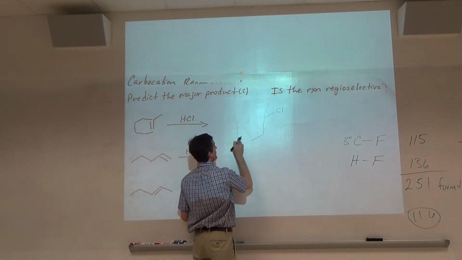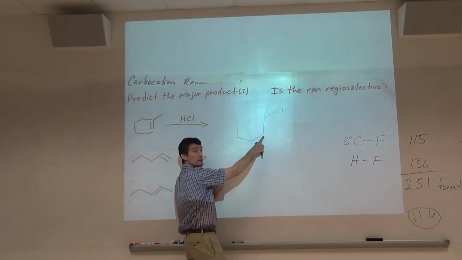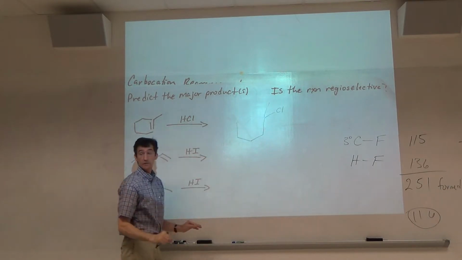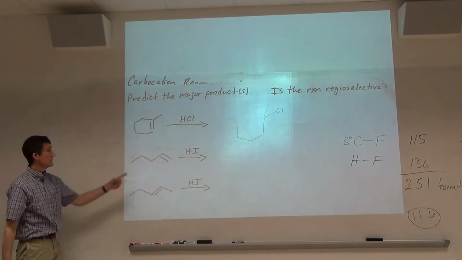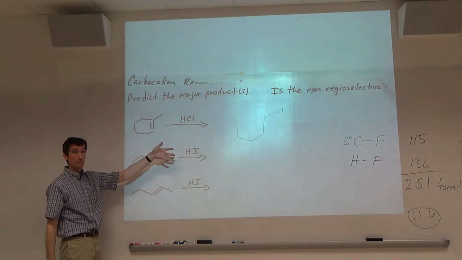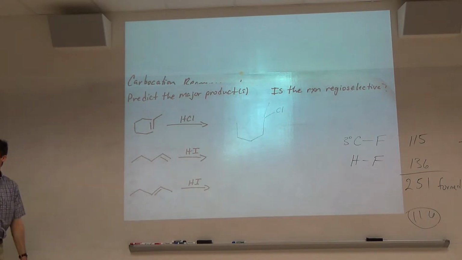It's hard to draw a perfect hexagon. How many H's are there? We learned this on day one. How many H's are there? Two. There's 2 H's there. How many there? One. Where'd the other H come from? HCl. HCl added across the pi bond.